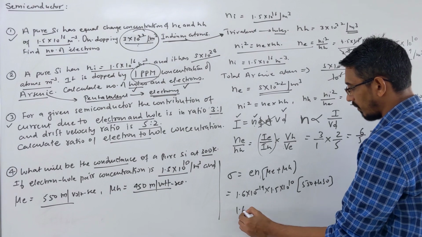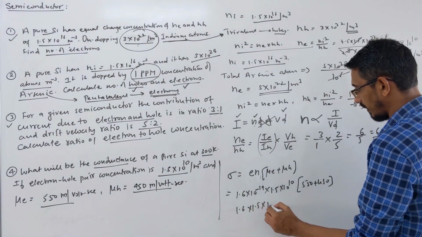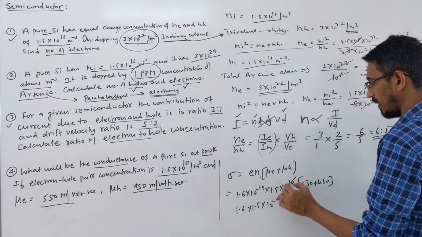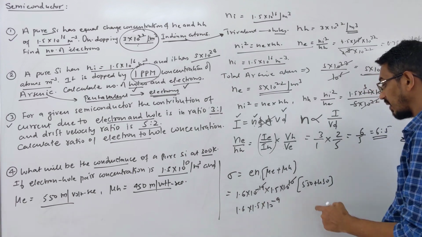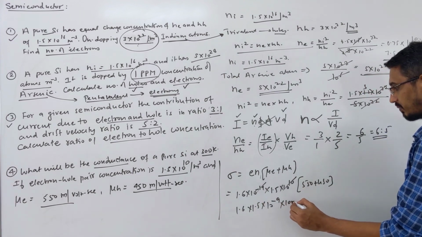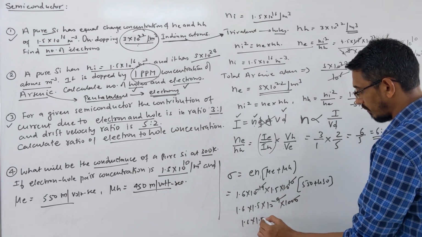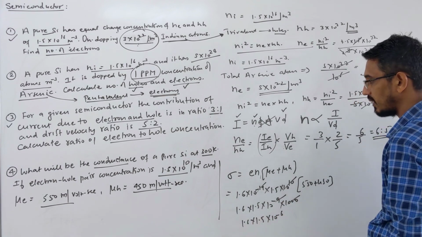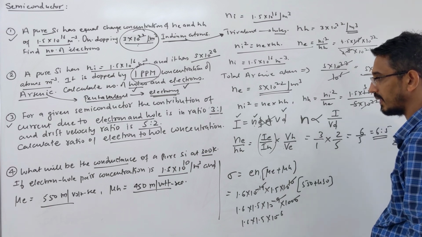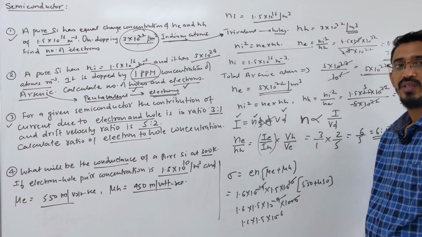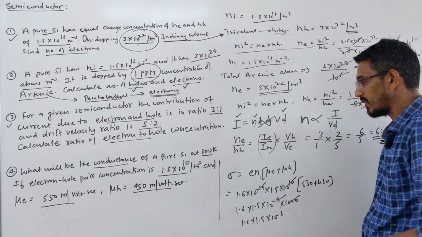So this is simply 1.6 into 1.5 into 10 power minus 9. The remaining 10 goes from here, and this becomes 1000. Correct. 3 more zeros go from here, so 1.6 into 1.5 into 10 power minus 6. What is the unit of conductivity?